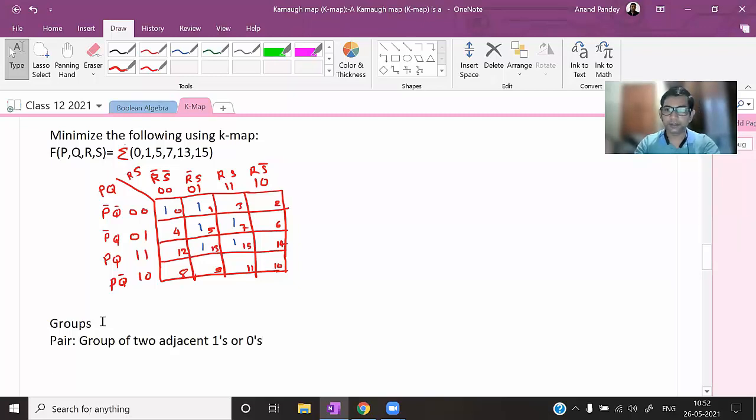In case of SOP, it will be ones. In case of POS, it will be zeros. Next, quad: a group of 4 adjacent ones or zeros. Do you know the meaning of adjacent?